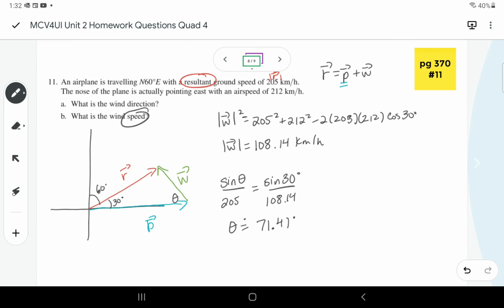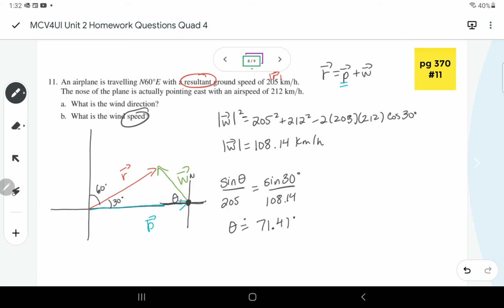So now we need to think about what that means about the direction of the wind in terms of a compass. So I'm going to take the start of the wind and redraw a compass there, like a north, south, east, west. So if this is north, I know the plane was straight east. The blue plane vector was straight east.